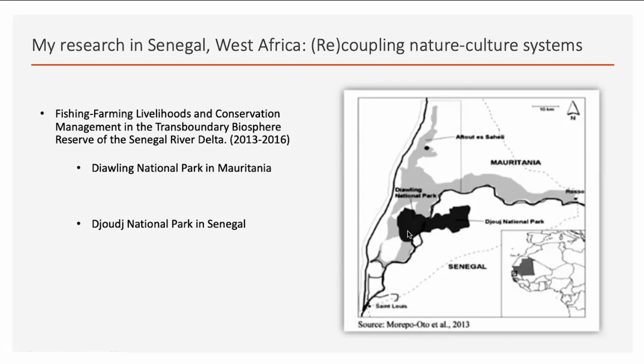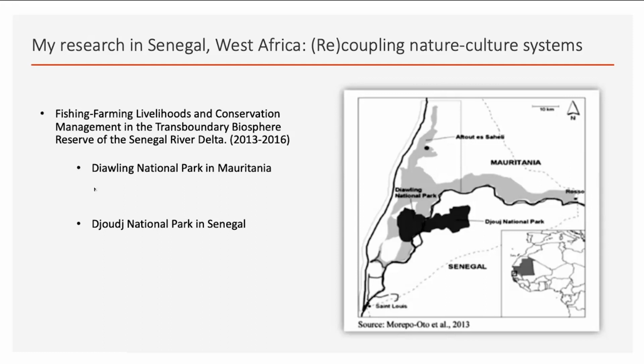Diawling National Park actually still has indigenous people living in those places, and they're working closely with the Directorate of the National Park in Mauritania on monitoring resource offtake by the locals, particularly for fishing and farming and harvesting, right?